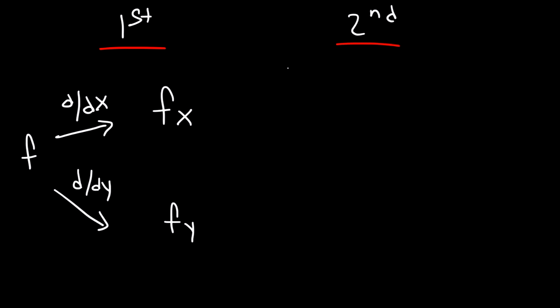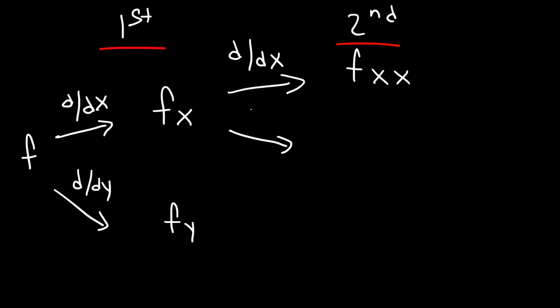Now at this point, we could differentiate the first derivative with respect to x. So the second derivative is going to be fxx, which means that we found the derivative with respect to x twice. Now we could differentiate fx with respect to y, and we'll get fxy, which means that we differentiated first with respect to x, and then second we differentiated with respect to y.